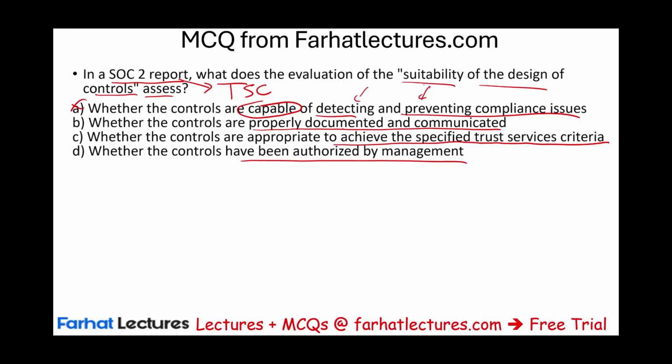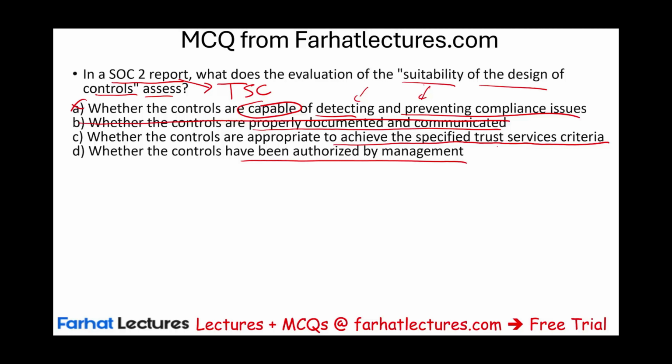Whether the controls are properly documented and communicated, no, that's not something the suitability of the design of controls assesses. If they are, that's great. That's part of their description. B is out. Whether the controls are appropriate to achieve the specified trust services criteria. Are they appropriate? Suitability is for that.